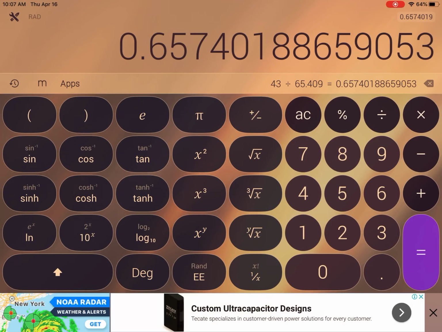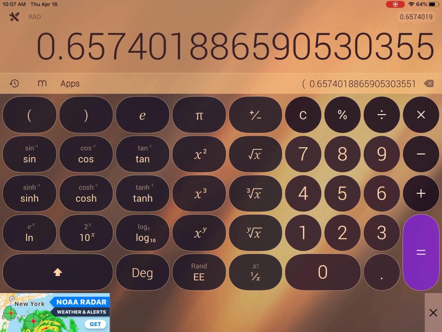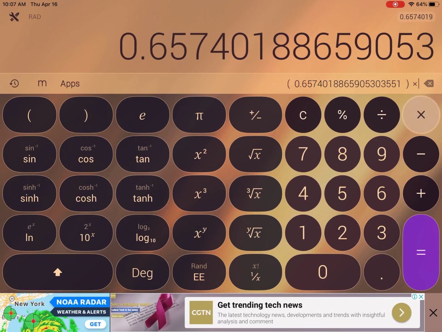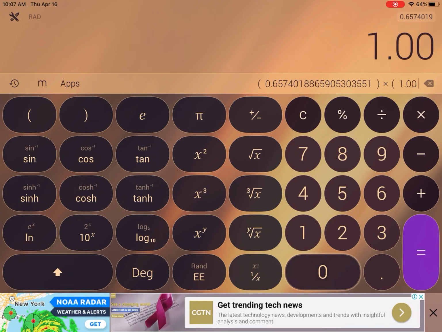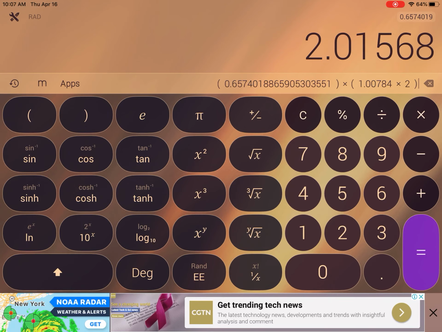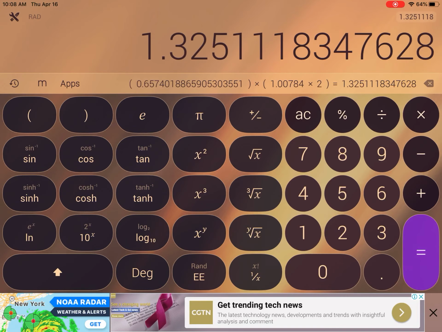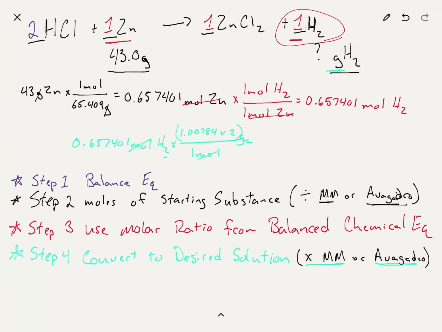So we take our previous answer and multiply by 1.00784 times 2, or 2.01568, the molar mass of hydrogen gas, and we get 1.32511 grams of hydrogen gas.